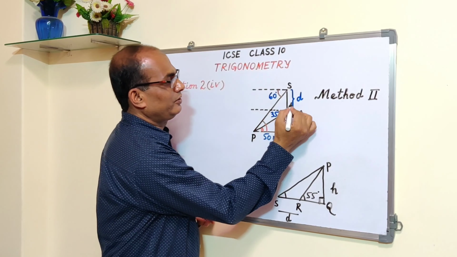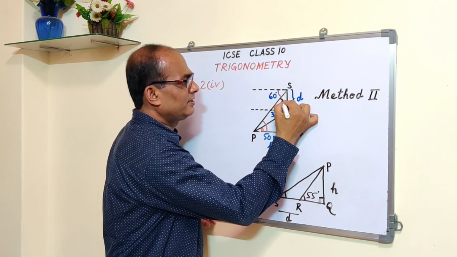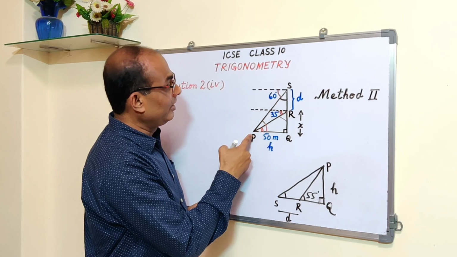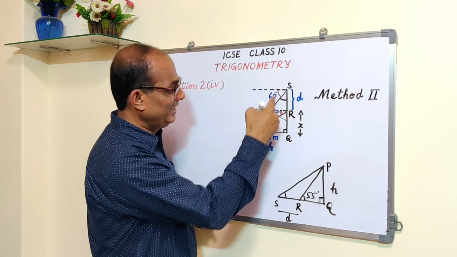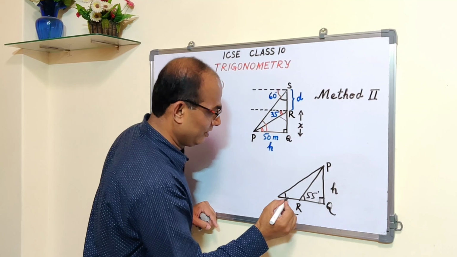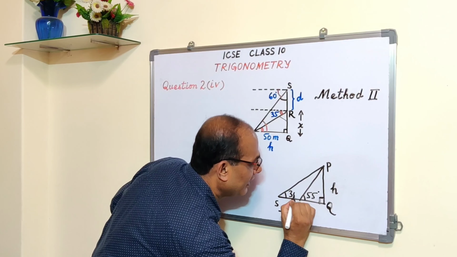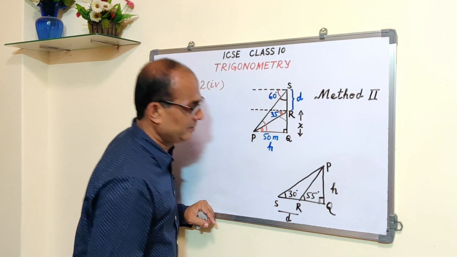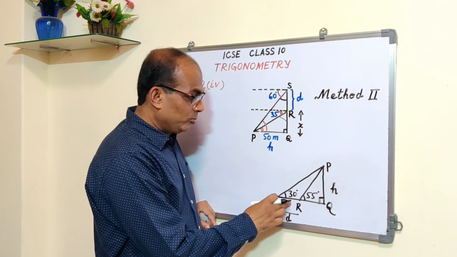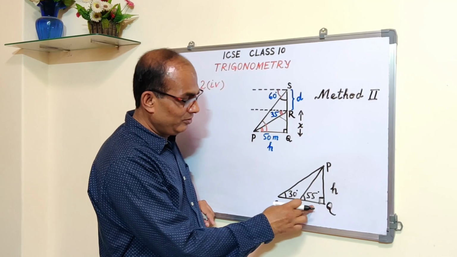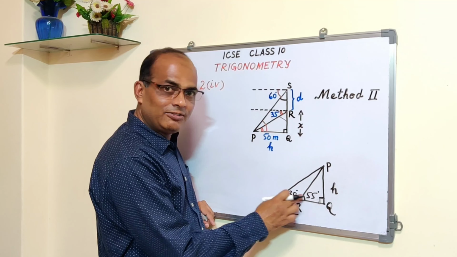And this is 60 degrees. So this is how much? 90 minus 60, 30. Which angle is this? Angle PSQ. This is 30 degree. Got it? The smaller one we call alpha in the formula which I am going to write down, and this one we call beta. This angle is alpha, this angle is beta.